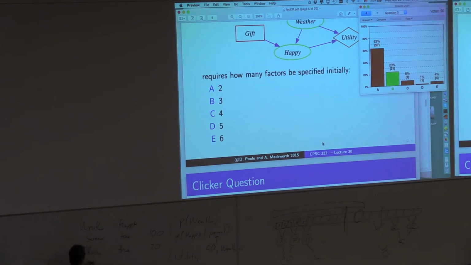Maybe if it's sunny and false, the utility is 20. Maybe rainy and the happy is false, it's 0.